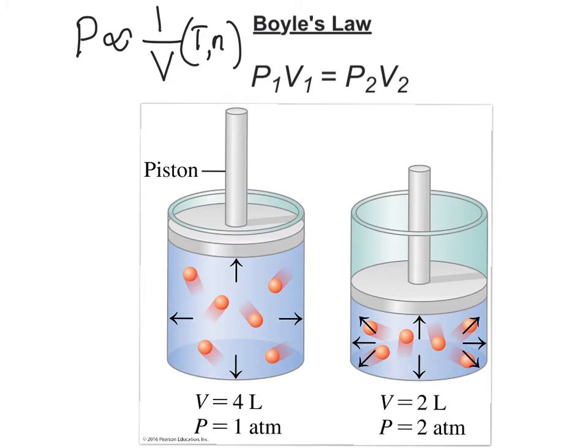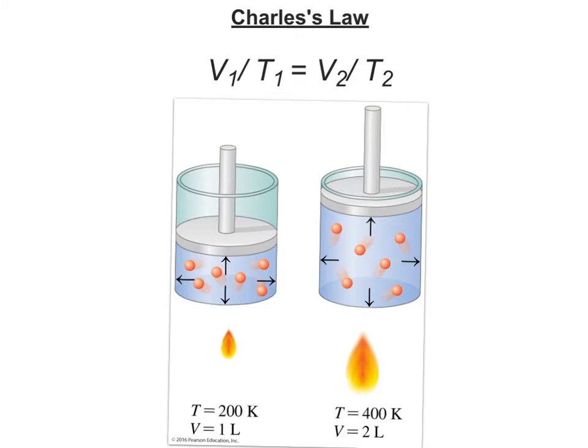When a gas is heated, it expands and becomes less dense. This became Charles' law, which states that the volume of a gas is directly related to the temperature when the pressure and the amount of gas are kept constant.